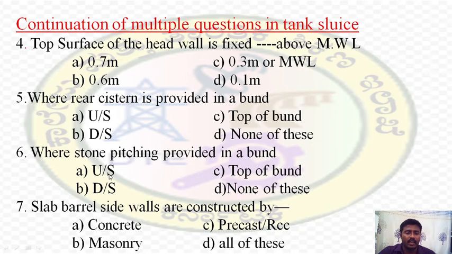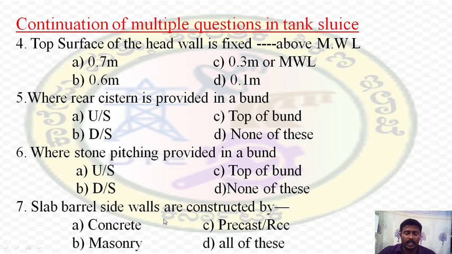So next question, slab barrel side walls are constructed by option A concrete, option B masonry, option C precast or RCC, option D all of these. Answer is all of these. The side walls are constructed either of concrete or masonry or precast or RCC.